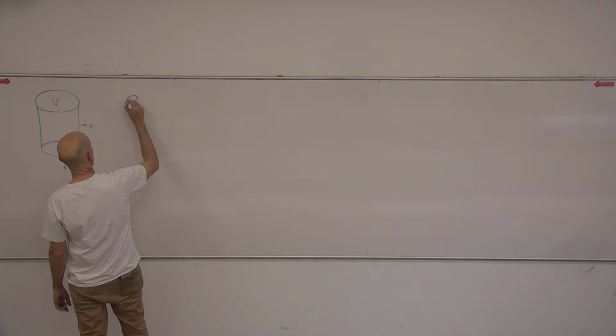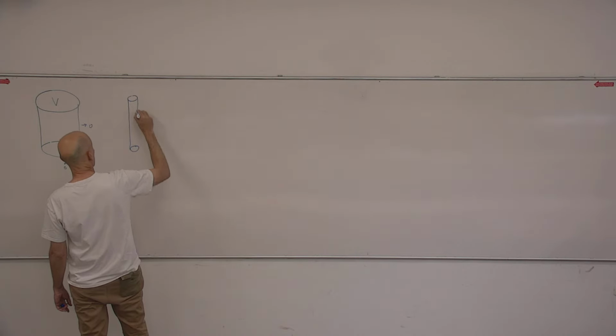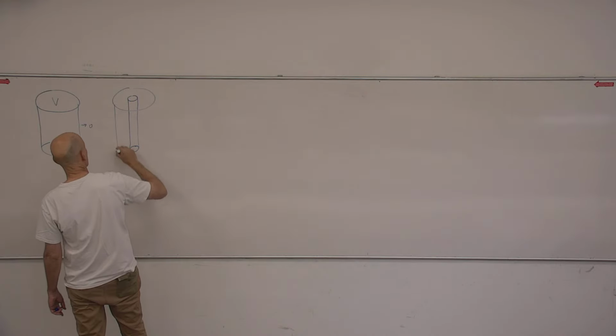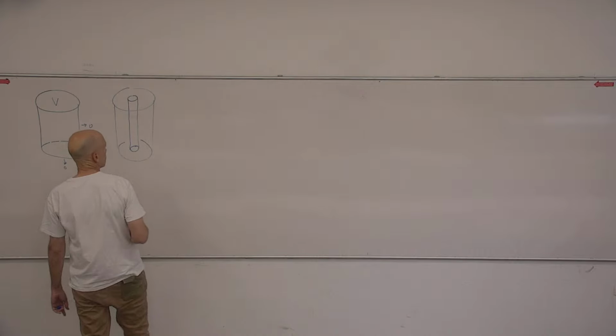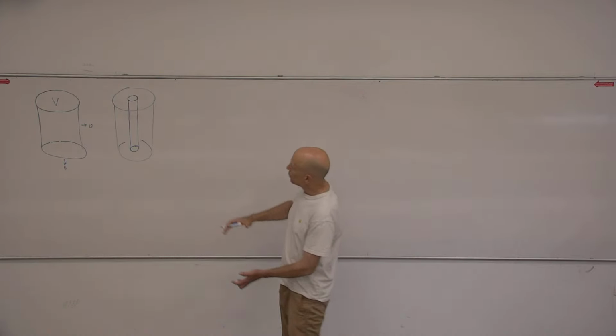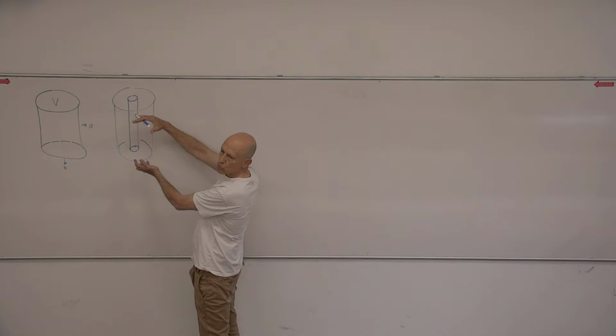So another example will be two cylinders, one inside the other. So first of all, because the system is finite, the solution is not so trivial.